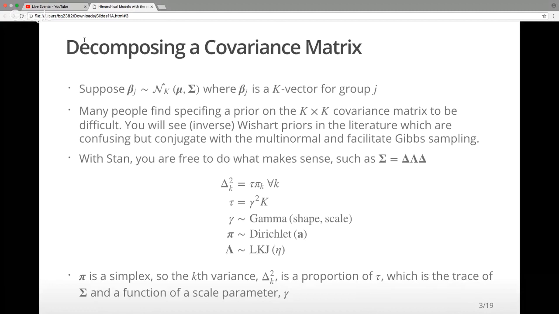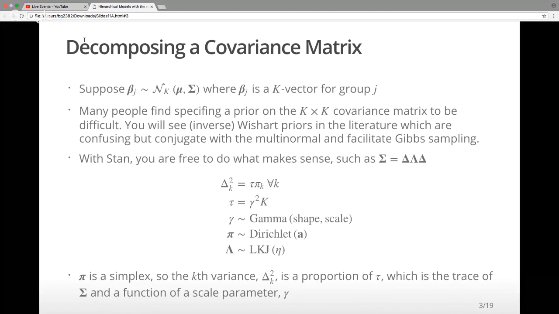There's not going to be a whole lot of objection if you're using A equal to 1, and so you have uniform beliefs across simplex vectors of size k. That's a pretty reasonable prior. We have a pretty reasonable prior for gamma. We'll show in a second, we can have a pretty reasonable prior for lambda.